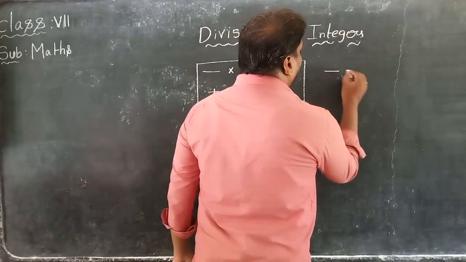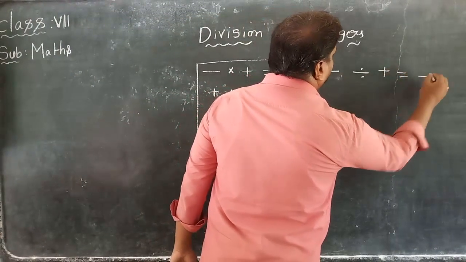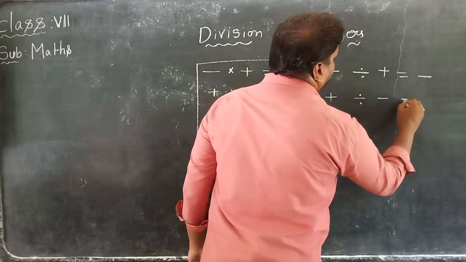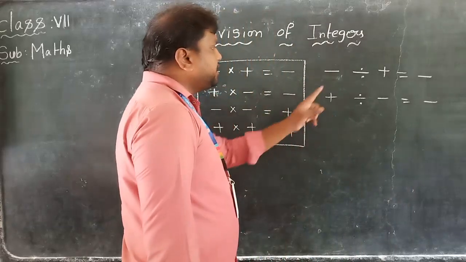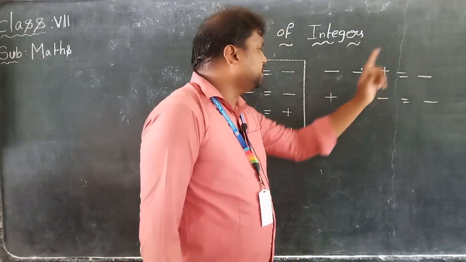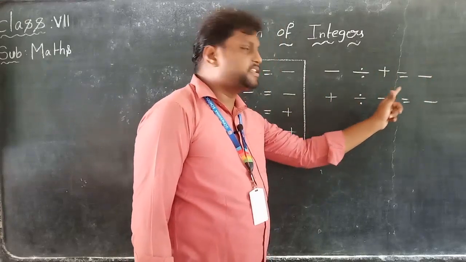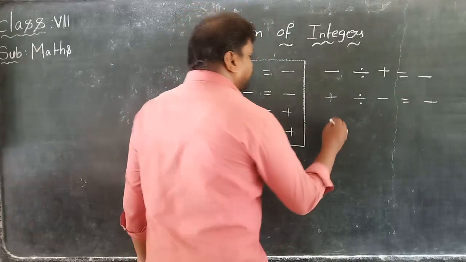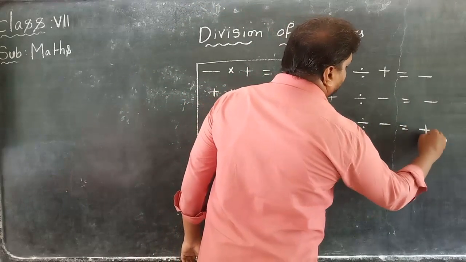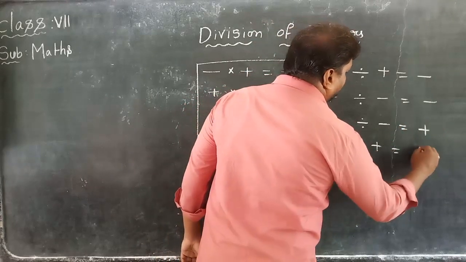The ratio of one negative number and one positive number is a negative integer, and the ratio of one positive number and one negative number is a negative integer. The ratio of two negative numbers is equal to positive. The ratio of two positive numbers is equal to positive.